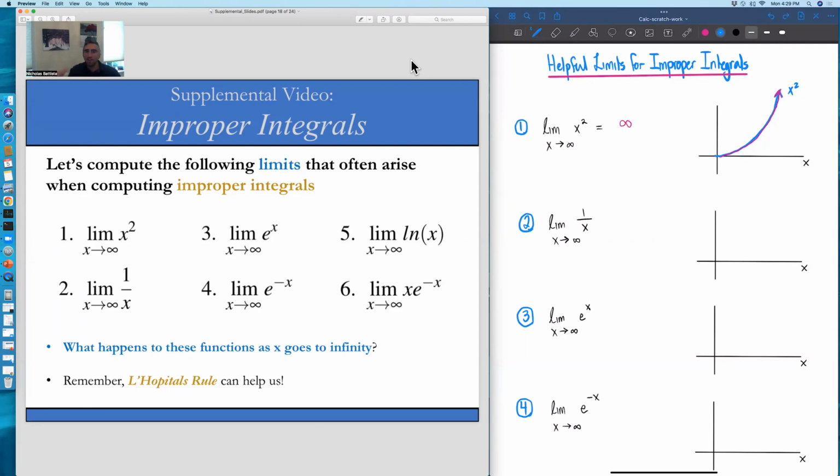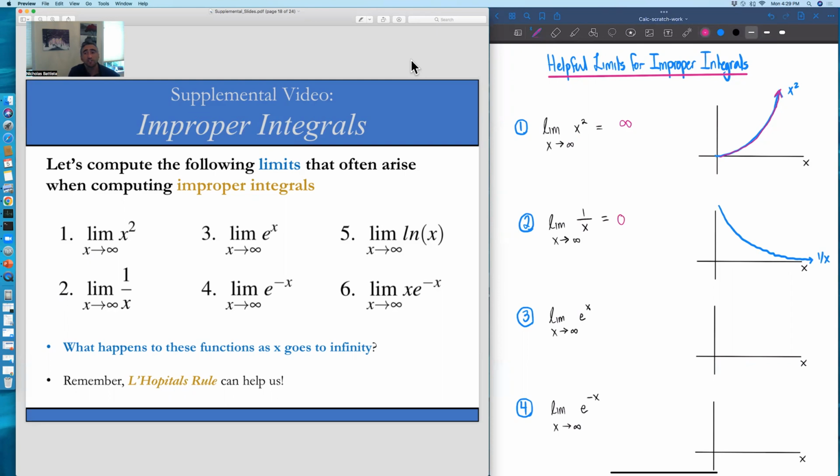So 1 over a very large number that's just getting larger and larger is going to get smaller and smaller. In particular, what this function looks like is the following. We have more or less a horizontal asymptote as x goes to infinity at 0. So this limit is equal to 0.